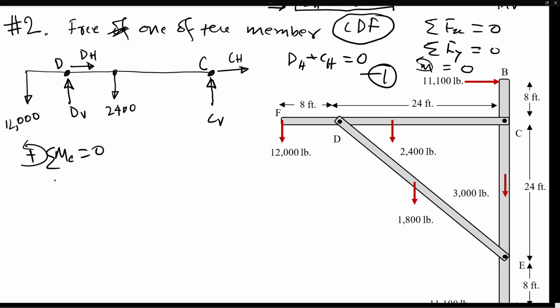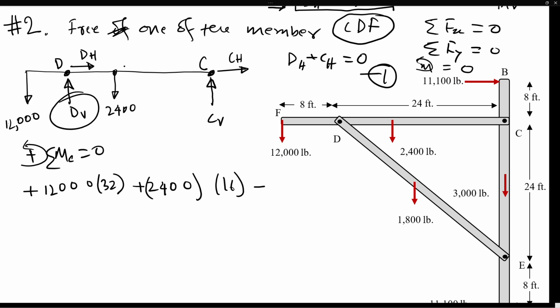So if we take moments with respect to C, the 12,000 pound will do a counterclockwise moment, which is positive, and that is a total of 32 feet away from C. Then also this 2400 will do a counterclockwise moment, again positive, which is 16 feet away from C, minus this DV will cause a clockwise moment with respect to C. So that's going to be minus DV times 24 feet away from C. Everything sums to 0.